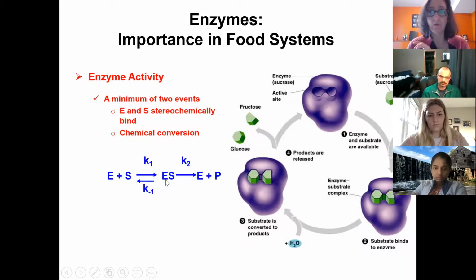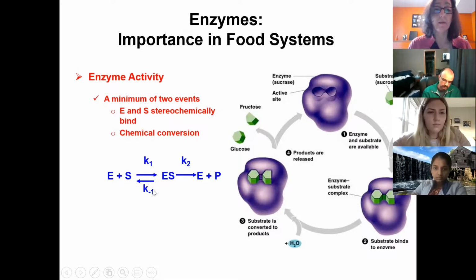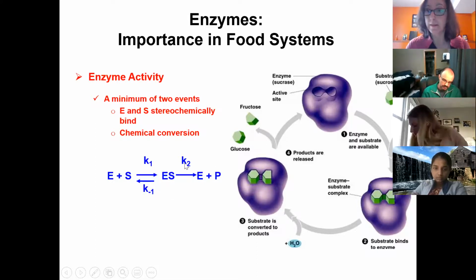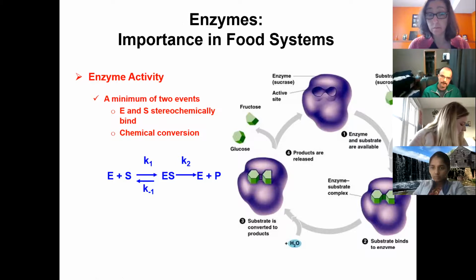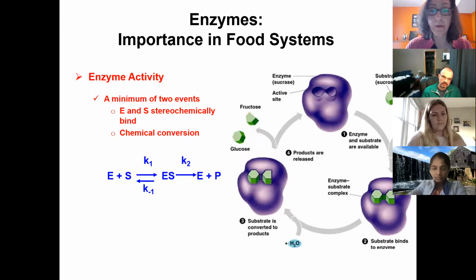Remember that when we get to the kinetics. So we have rate of appearance of ES, and then we have rate of disappearance of ES. The rate of disappearance of ES is basically this rate over here going backwards, and this rate over here that produces the product. So rate of disappearance is this plus that. We will show the equation later, but you have rate of appearance and you have rate of disappearance. So this is what's happening. And then the chemical conversion is when a substrate converts to a product.